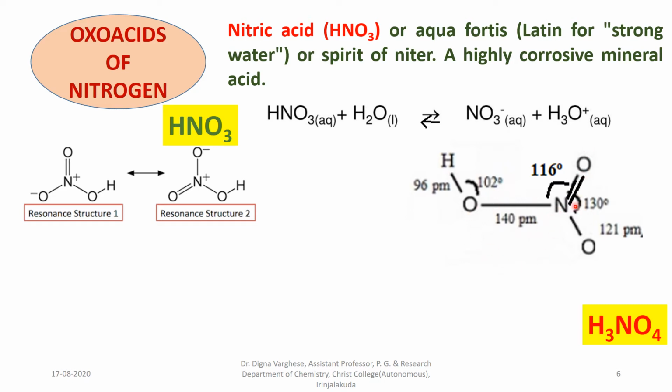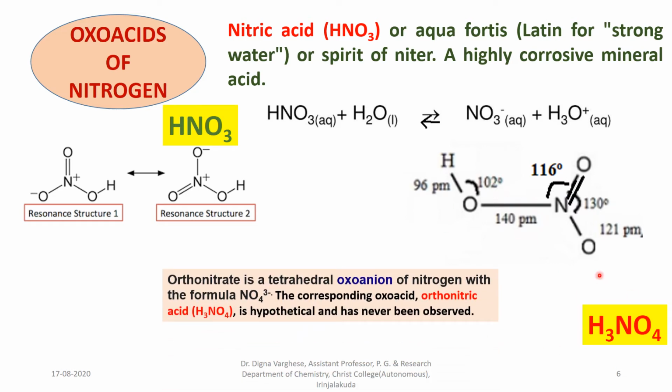The oxygen nitrogen oxygen bond angle is 116 degrees. The oxygen nitrogen oxygen bond angle connected to the double bonded oxygen is 130 degrees, and the HON bond angle is 102 degrees. It is a planar molecule.